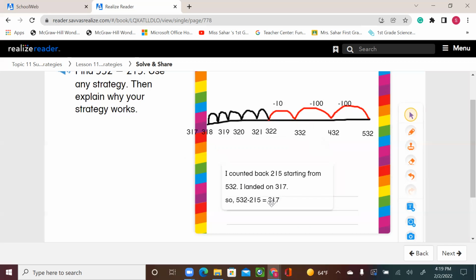Put this here. Because I count backwards, here minus 1, minus 1, minus 1, minus 1, minus 1, 5 times. So 1, 2, 3, 4, 5. And these are the ones that I subtract.